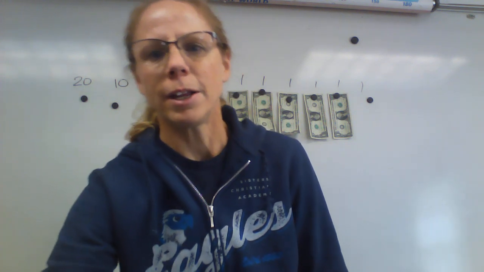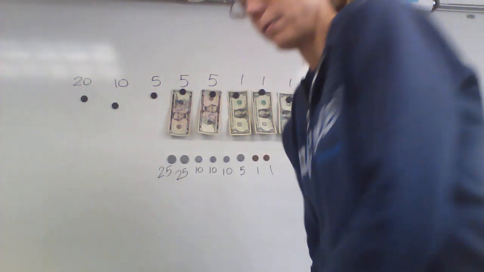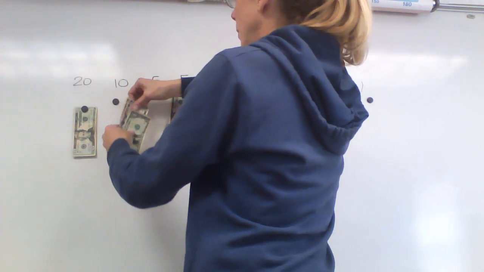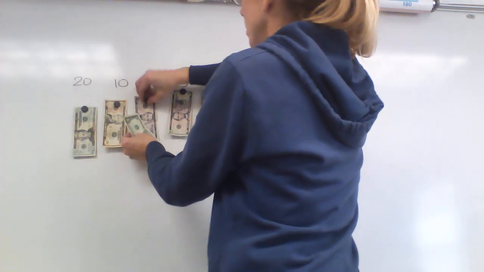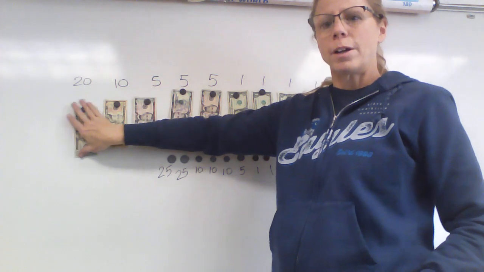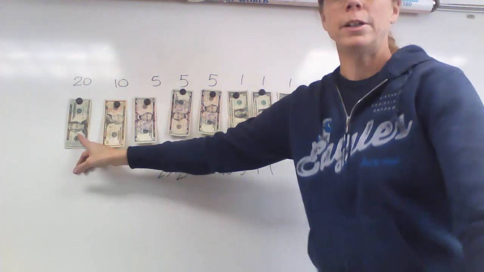All right, we are going to do some counting of a big amount of money right now together, just to show you how I do it and to practice together. So I usually start from the biggest to the smallest when I'm counting money. Okay, so here we go. So we have a $20 bill here.